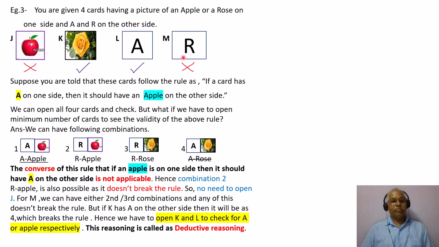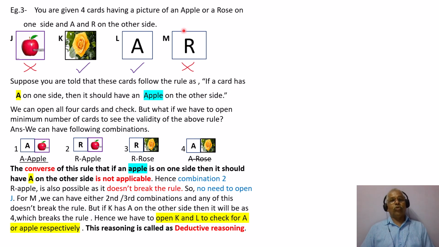So no need to open J, this card. For M, okay, now this is R, we can have either second or third combination, this and this. R can have apple on the other side and can have a rose on the other side, but rule doesn't contain anything about R, so this may have apple on the other side, or even if it has a rose on the other side, it doesn't break the rule.